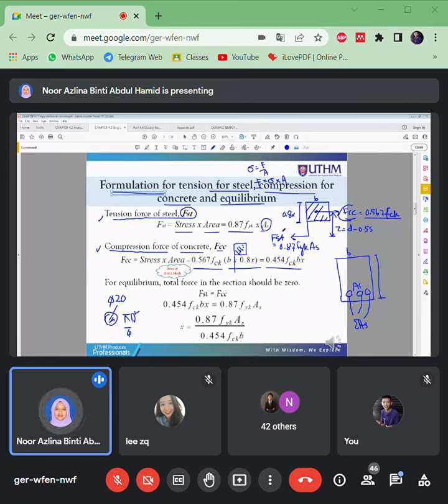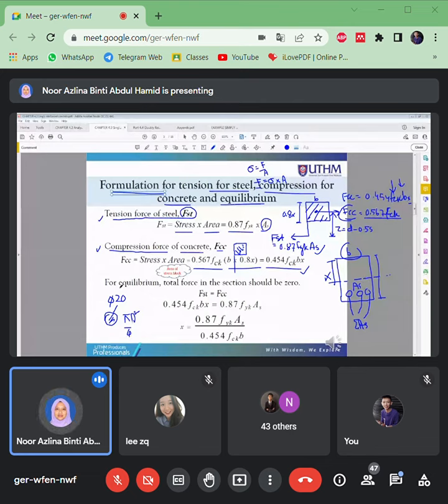So this is the formula for the tension force of the steel. This is FCC, it becomes 0.454 FCK BX. FCK is the concrete strength, B is the width of the beam section, and X is the neutral axis depth, measured from the neutral axis here.